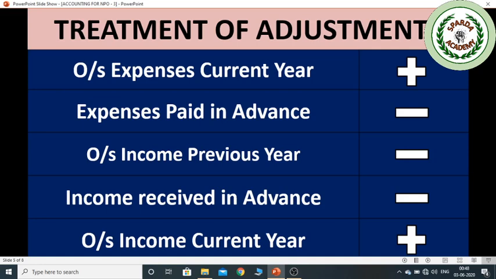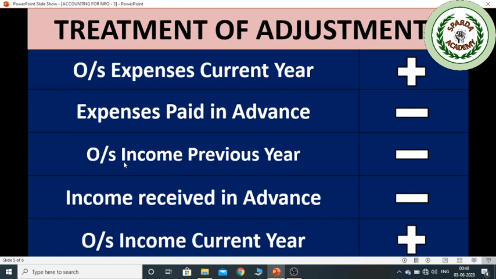If salary is outstanding for previous year, then it must be deducted. Opposite to this, expenses paid in advance must be minus.